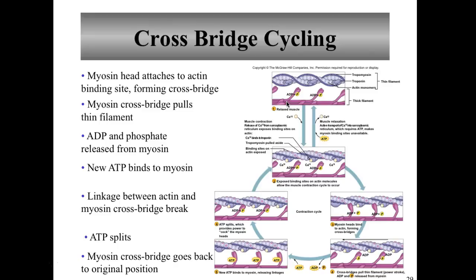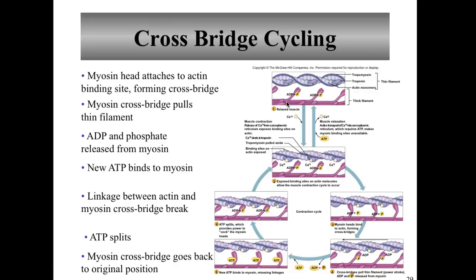Secondly, the cocked myosin head is going to attach to the exposed actin binding sites. So once tropomyosin moves, you expose those actin binding sites. ATP is going to cock the myosin head back, and it's going to allow it to attach itself to those binding sites. The cross bridge, which is the binding of the myosin head, springs from that cocked position and pulls on that actin filament. All right?